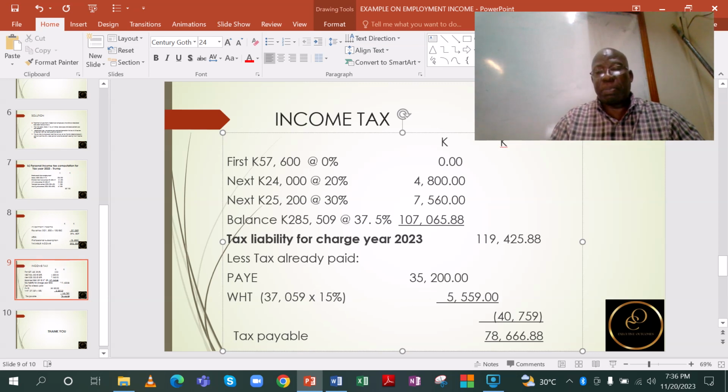That's how you get 5,559 kwacha. So you add these two as tax already paid, which gives you a total of 40,759 kwacha, which is deducted from the tax liability, meaning that you have already paid this amount during the year. So what is yet to be paid is the difference, which is 17,666 kwacha 88 ngwee. That is the tax payable.